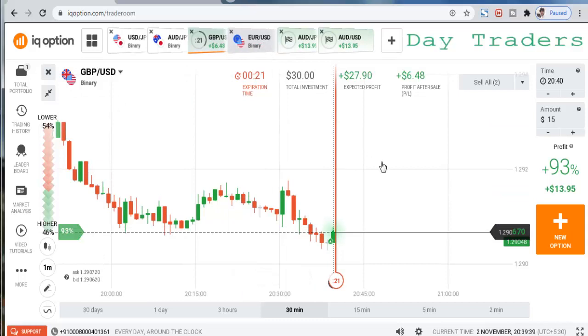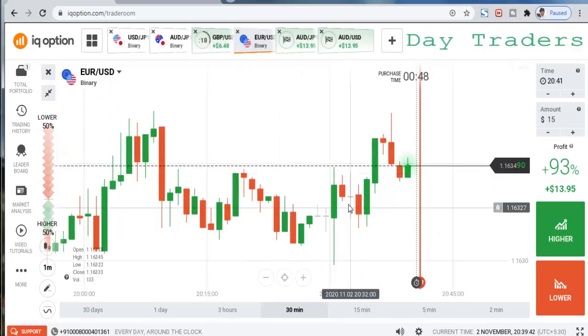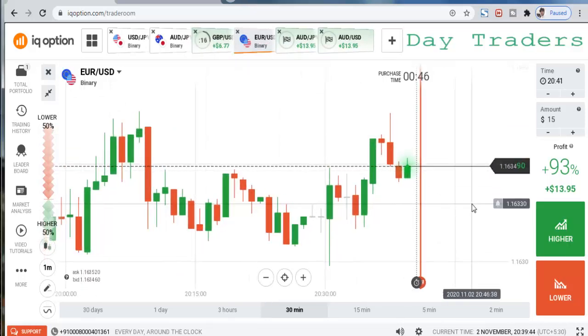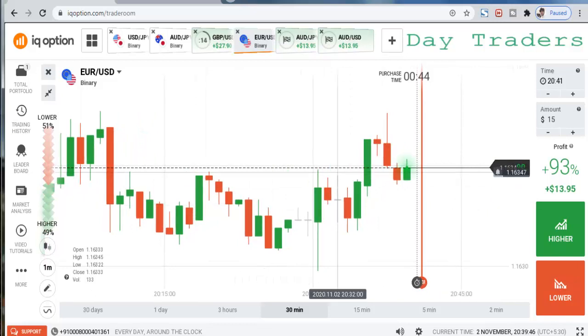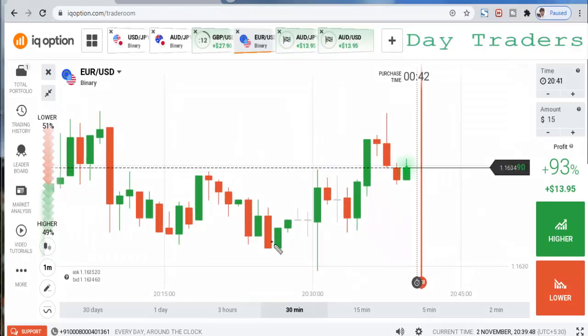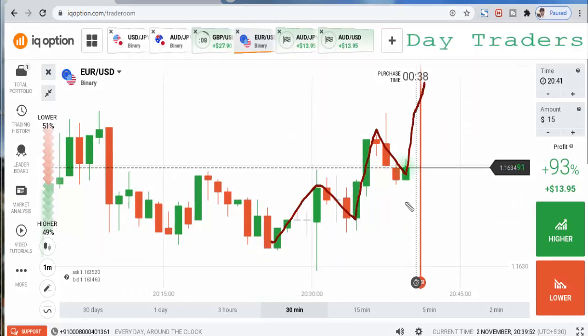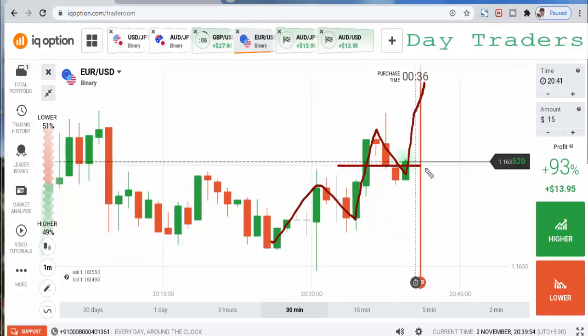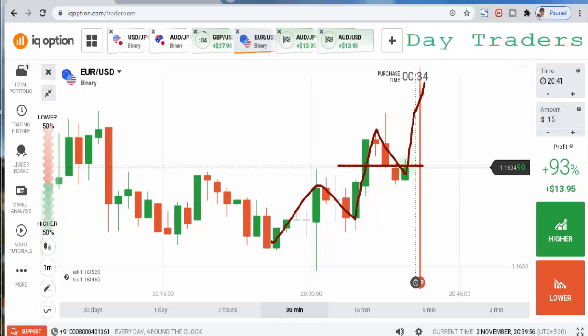Okay, I have checked the next pair, and this is an uptrend market, and this is market momentum. Okay, but this is a round number.